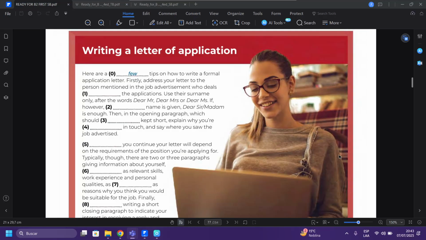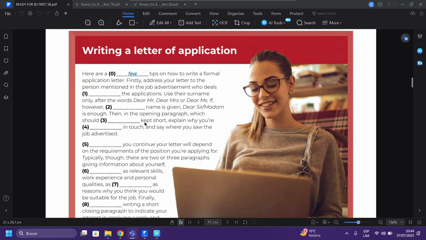Remember that in this part there's only one word, okay? Only one word. What do you think, Darwin? I think that the word is no. Yes, no name is given. Perfect.